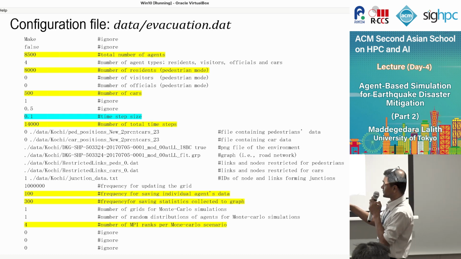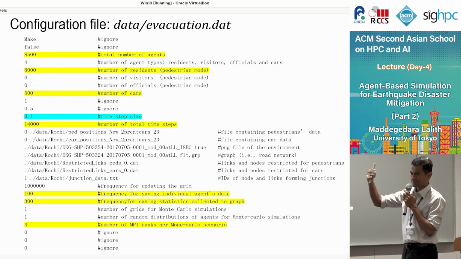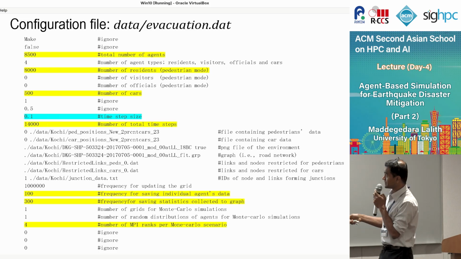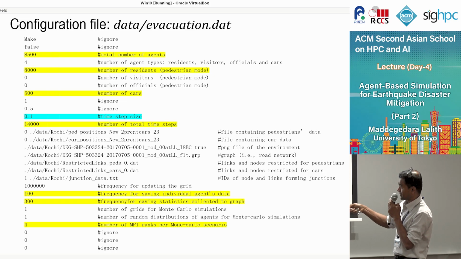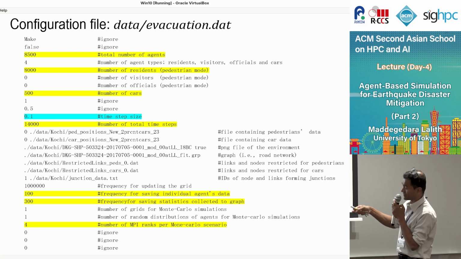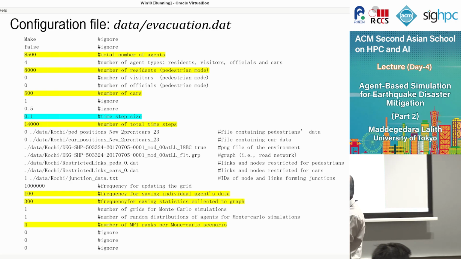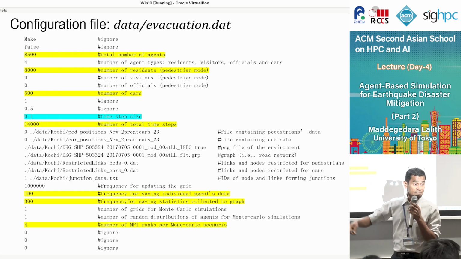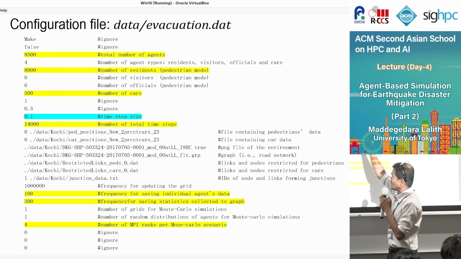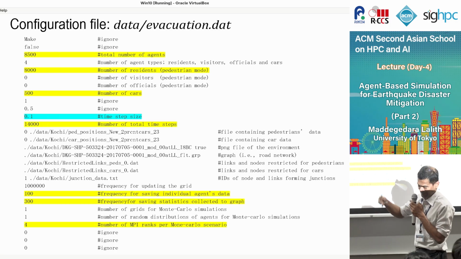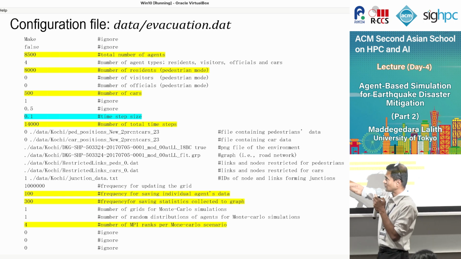And this is the time step size. The simulation will run at 0.1 second time step size, and it will run 14,000 steps. That means 1,400 seconds. And then we can save data at each time step, but that will unnecessarily stress the file system, and also it's unnecessary.